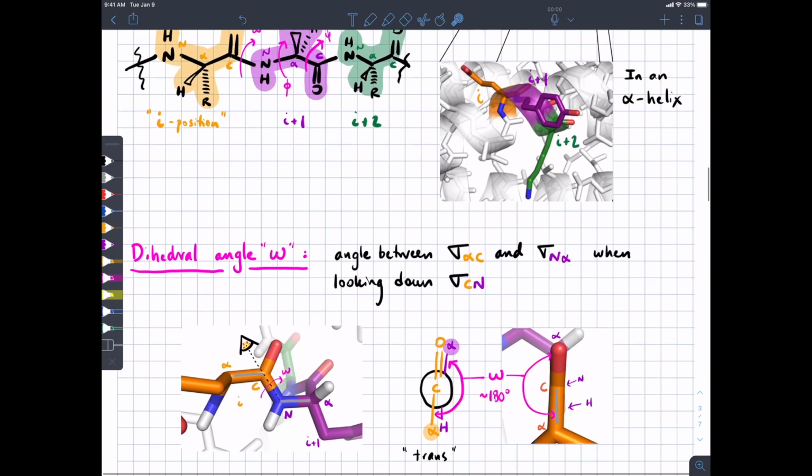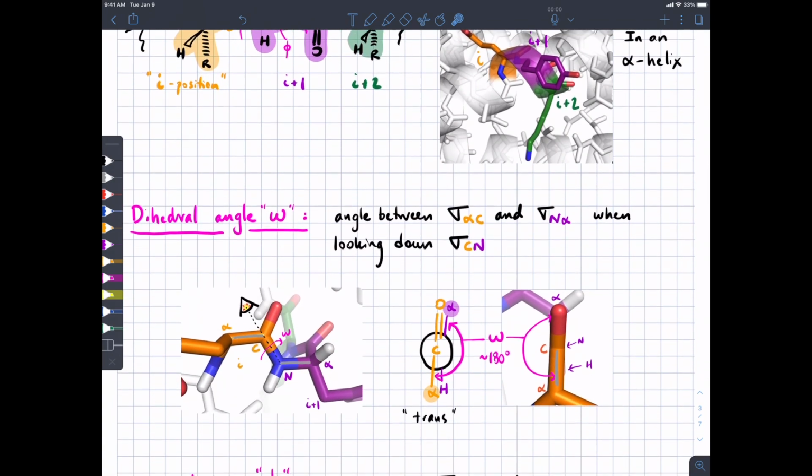Okay, so that dihedral angle omega, if we're zooming in on this portion of our helix, we're going to look down the bond between carbonyl carbon and amide nitrogen. This is the I position residue, this is I+1.